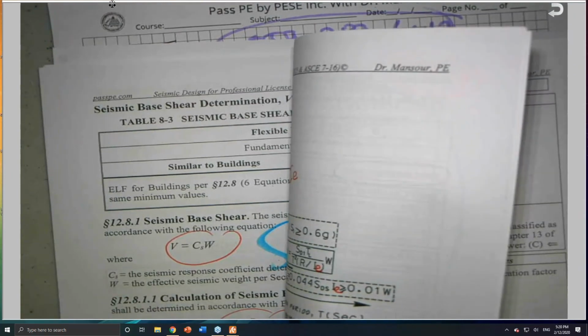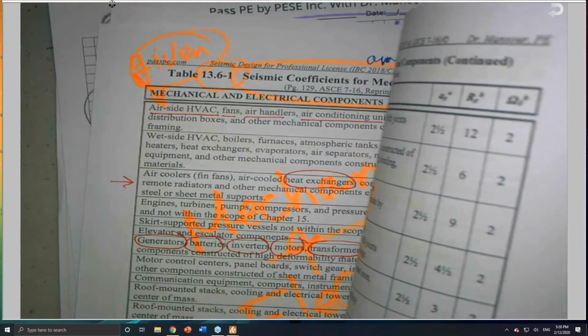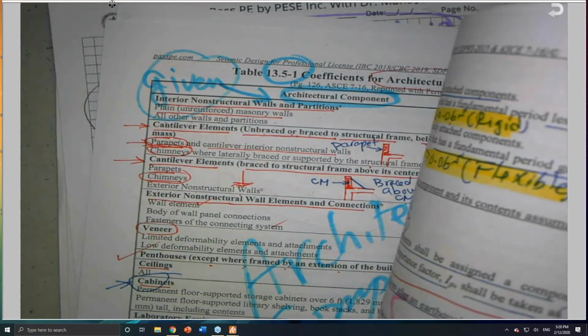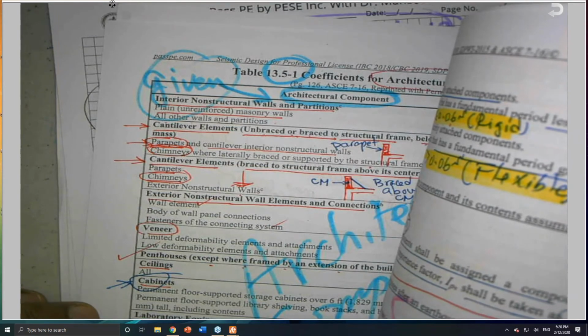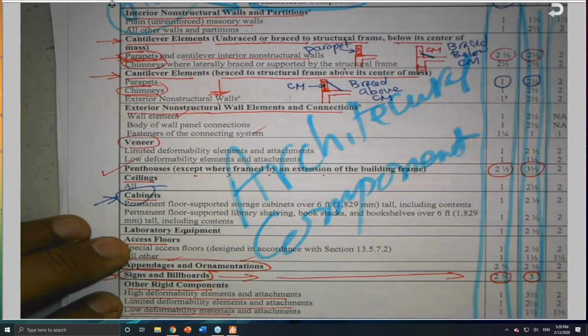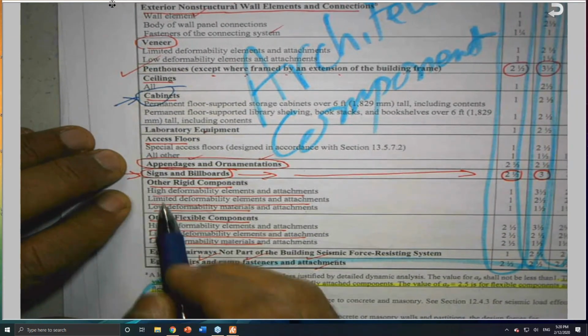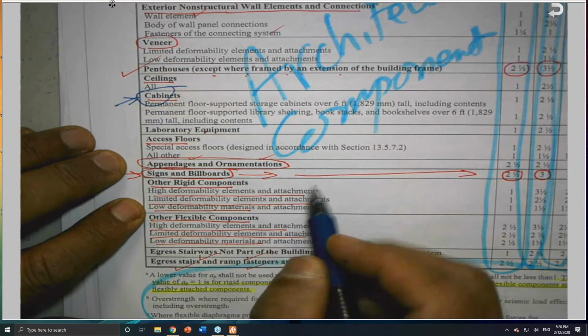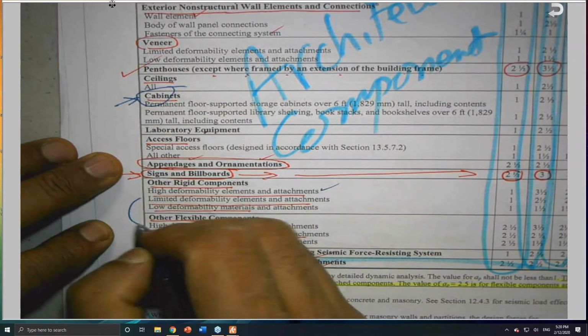Let me go back and take you to chapter 7, because this item is taken from chapter 7, by the way. Can you go to page 286, the same table, architecture components, page 286. Here it is, high deformability elements and attachments. High deformability materials. I need you to pay attention to this.